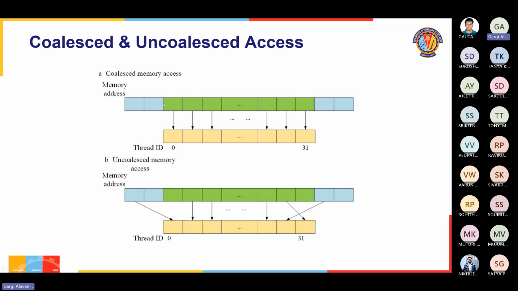So when the first thread needs data of the first memory location, which takes time to fetch, the data needed by the second thread is available when the first data is fetched. So if your threads are accessing data in consecutive memory locations, you get much better performance, compared to when threads are fetching data from unaligned accesses or random accesses.